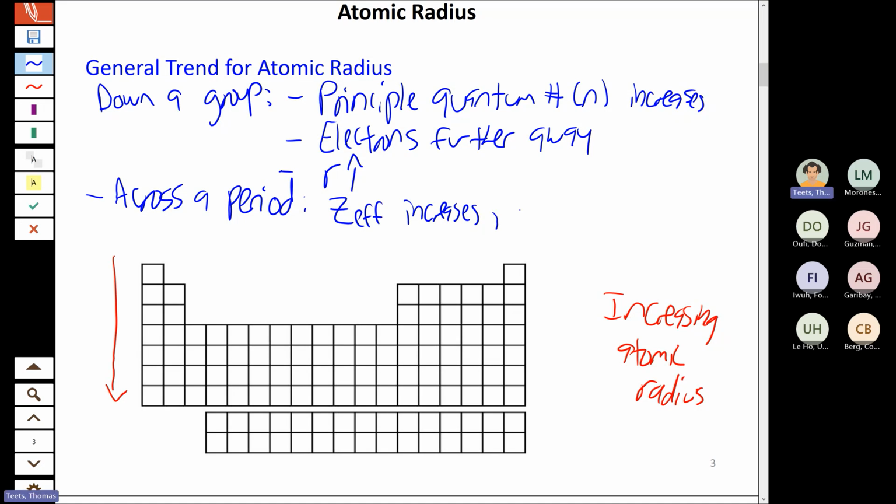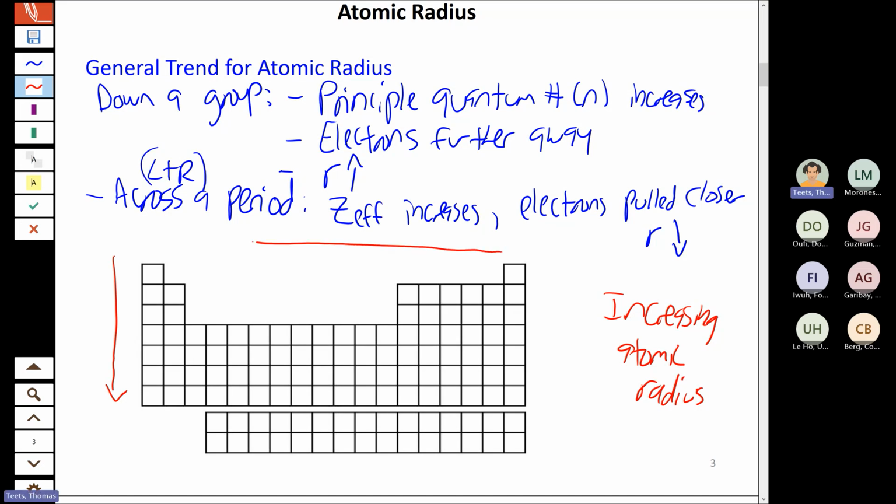So when you increase your effective nuclear charge, the electrons get pulled closer, and the radius will go down as you move left to right. So the direction of increasing radius, which I'm drawing in red here, is right to left, as you move right to left across a row of the periodic table.